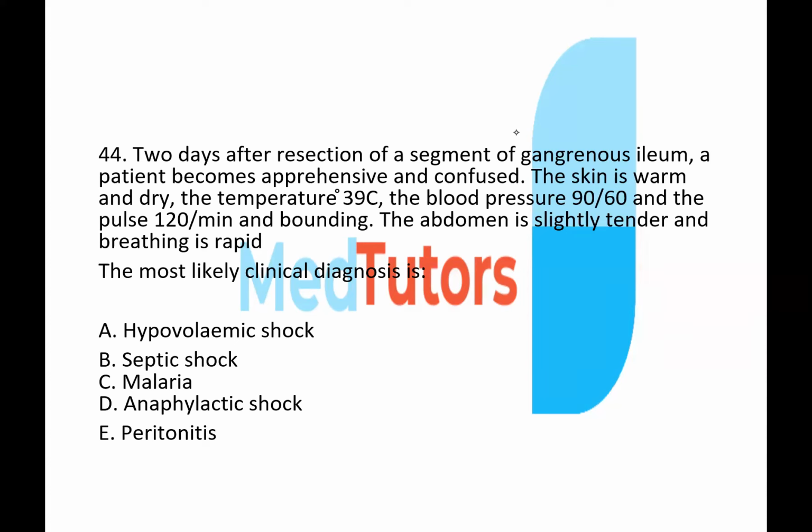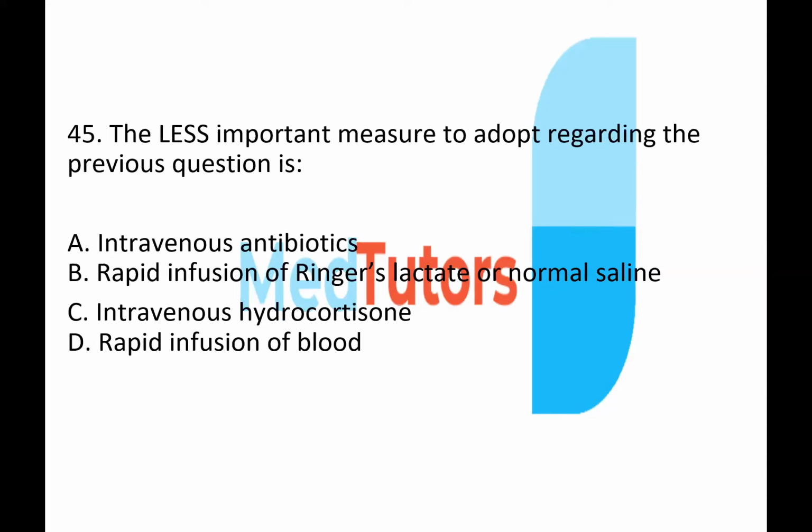The abdomen is slightly tender and breathing is rapid. The most likely clinical diagnosis is what? A, hypovolemic shock, septic shock, malaria, anaphylactic shock, peritonitis. What is our answer? Correct, septic shock, for obvious reasons in the question.